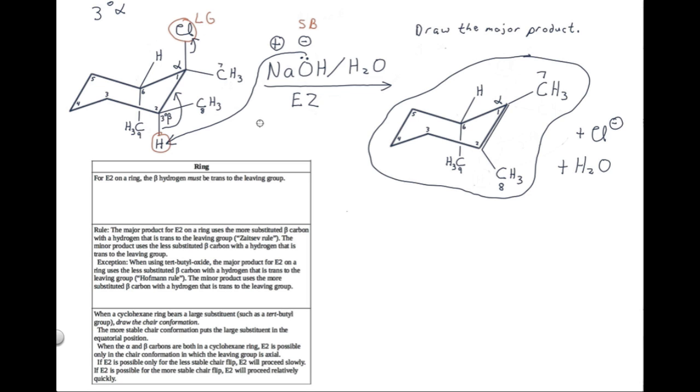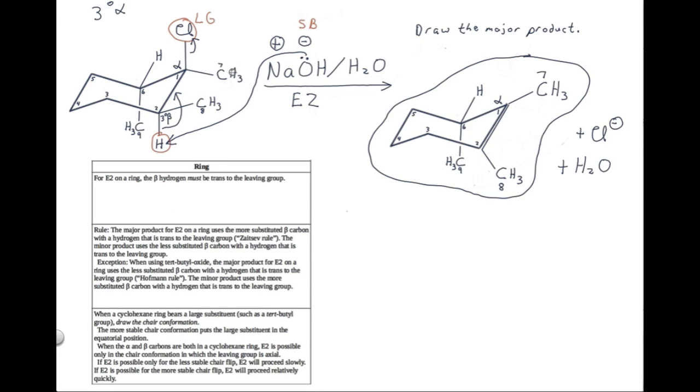The big issue here, remember, was choosing the correct beta hydrogen. We rejected this beta hydrogen because it was cis to the leaving group, using this guideline. We said that the major product here would use this beta hydrogen because this is the more substituted beta hydrogen, using this guideline.